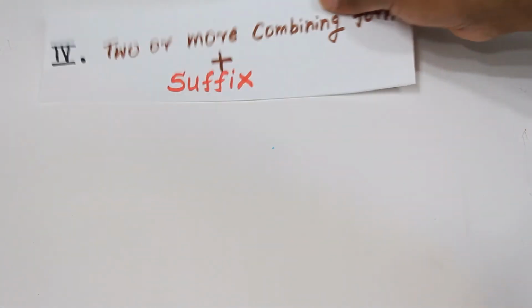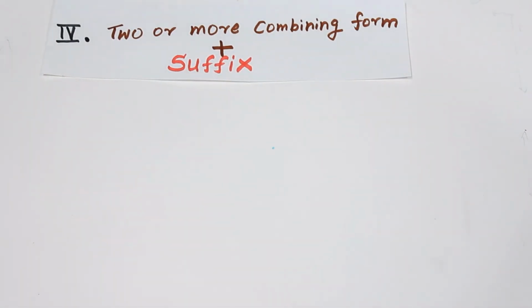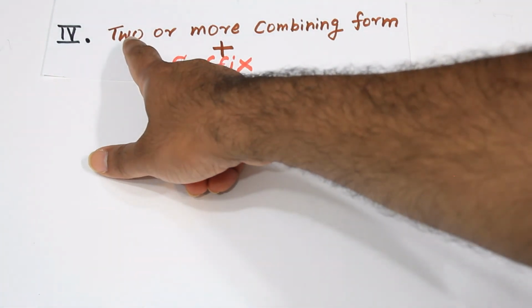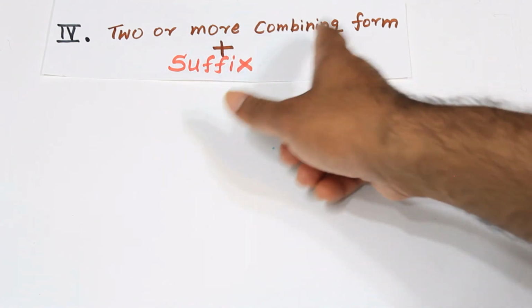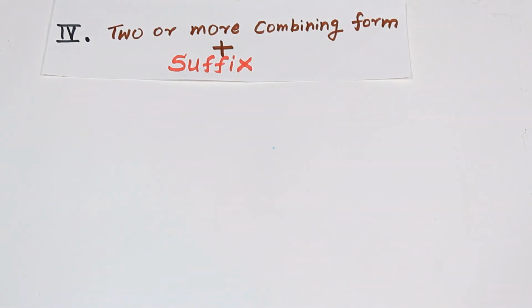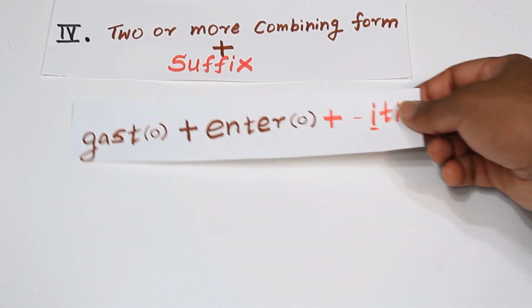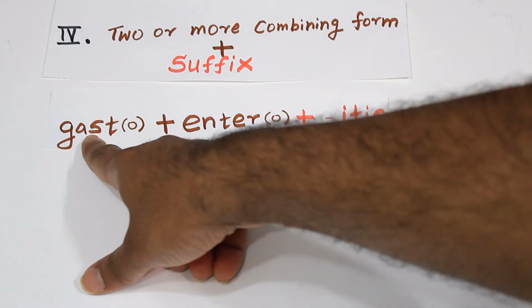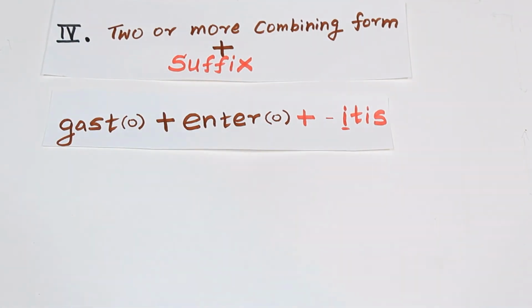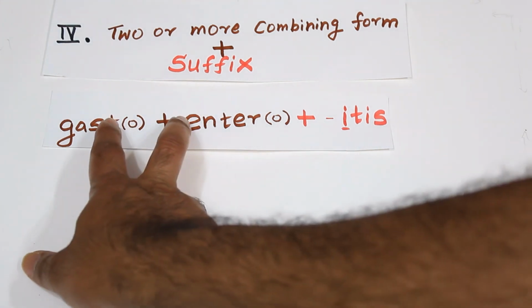Now we have our final example, the fourth one. It's two or more combining forms joined with a suffix. That's going to be interesting. This is a combining form, this is a combining form, this is a suffix.